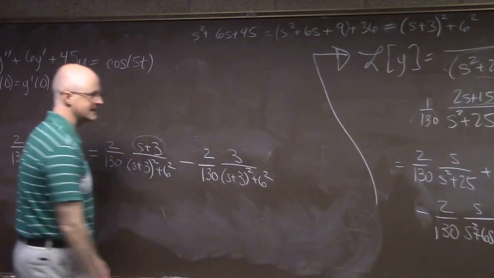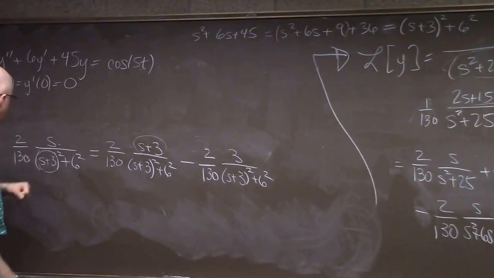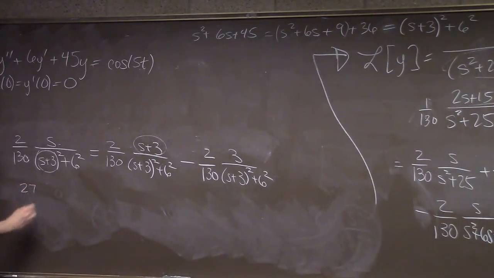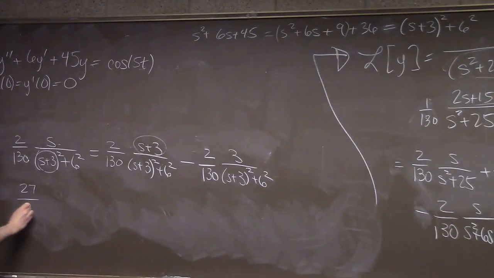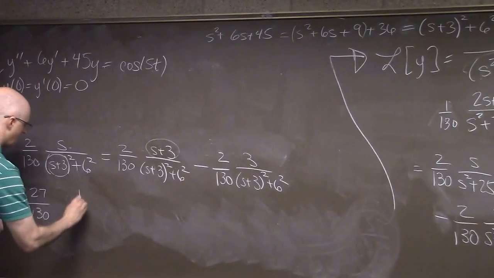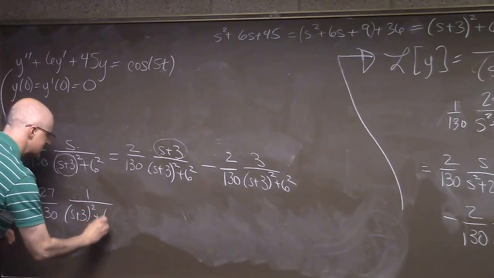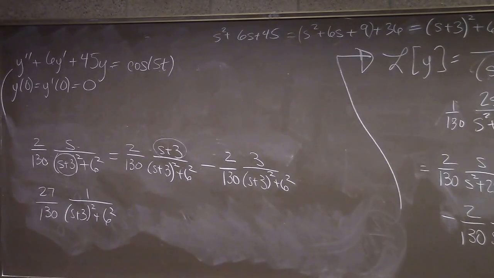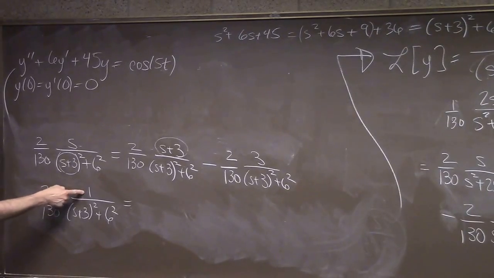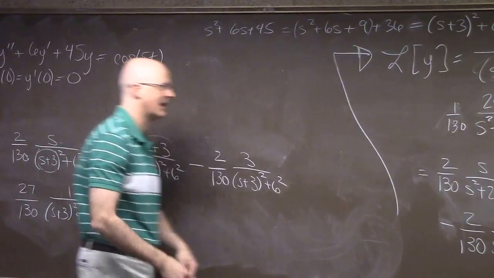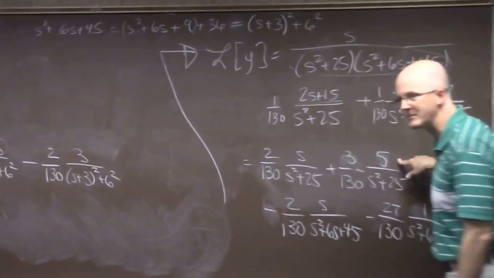Let me also do something similar. With the other one, I don't think I need to do something quite so tricky. The other one is 27 over 130 times 1 over s plus 3 squared plus 6 squared. Actually, it still is a little tricky, what I'm about to do. Since there's a constant up top, that's reminiscent of the fact that this one has a constant up top.